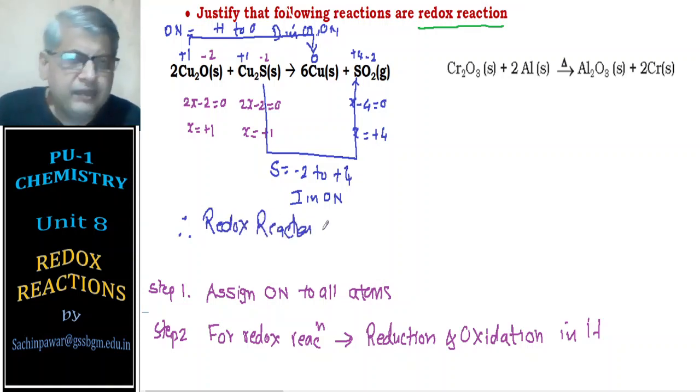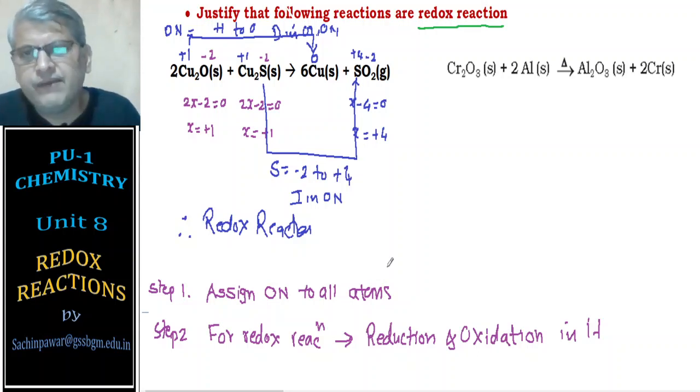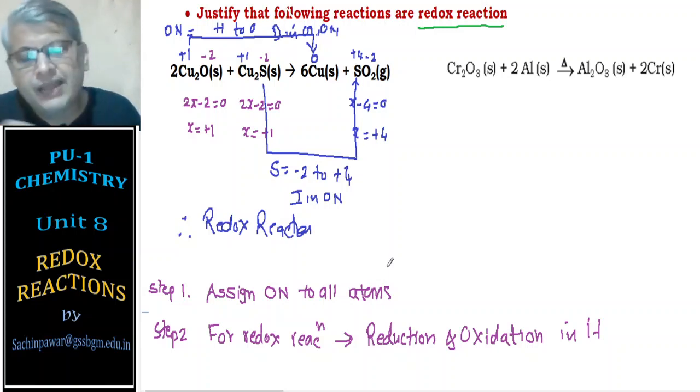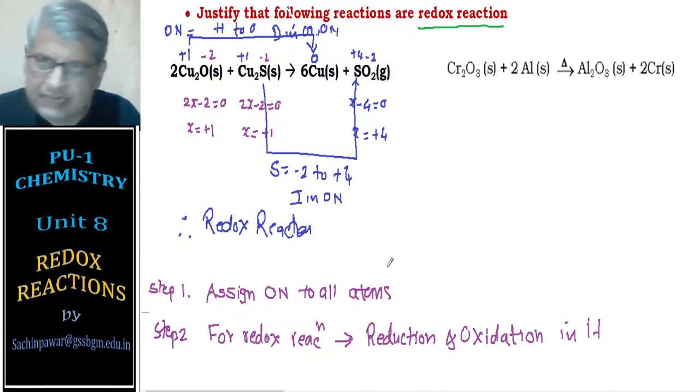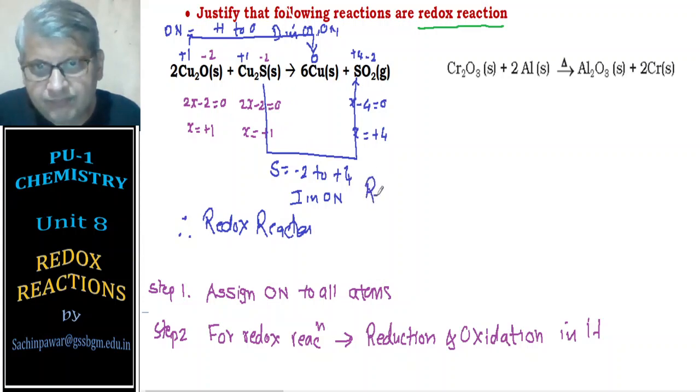I hope this point is clear. So first assign the oxidation numbers and see whether for any element there is an increase in oxidation number, as well as for another element or the same element a decrease in oxidation number. A decrease from plus 1 to 0 is gain of electrons, so it is a reduction, and the other is oxidation.